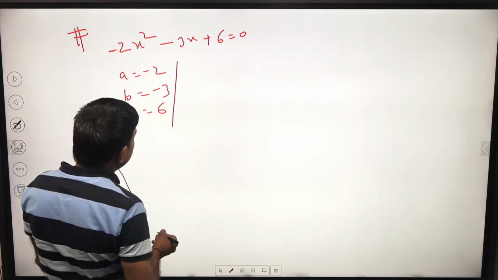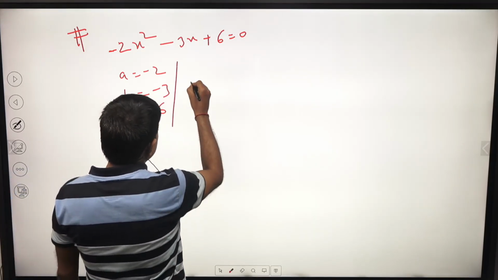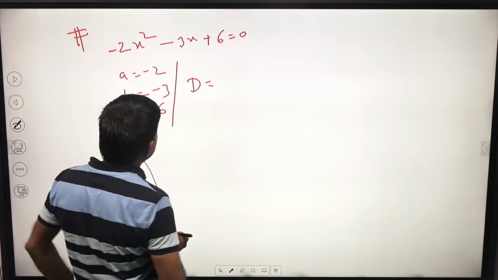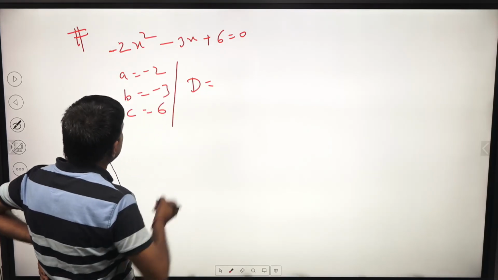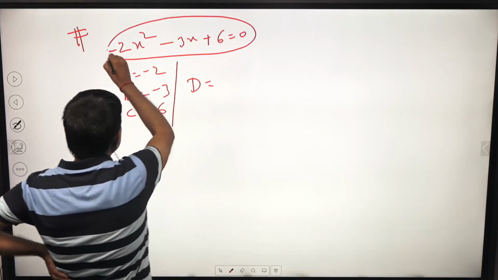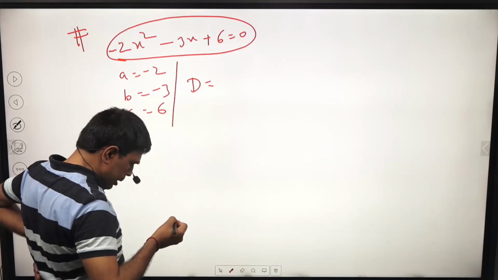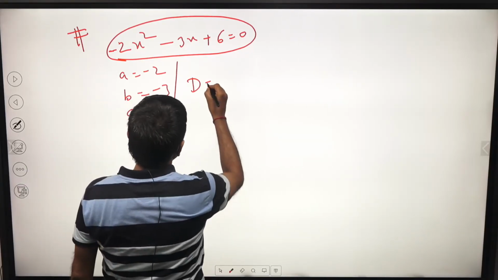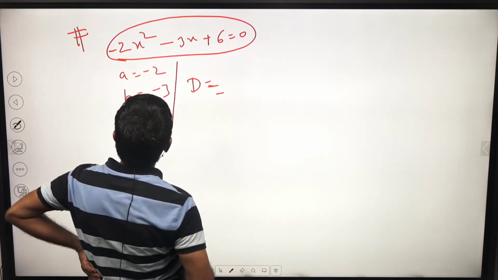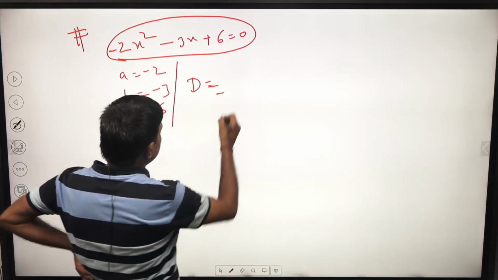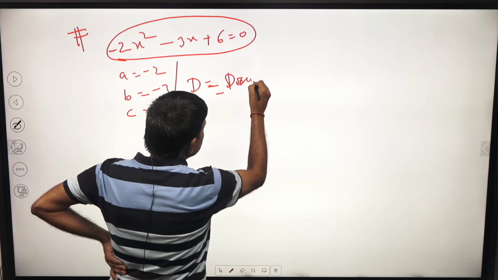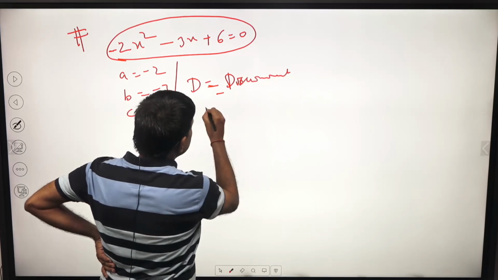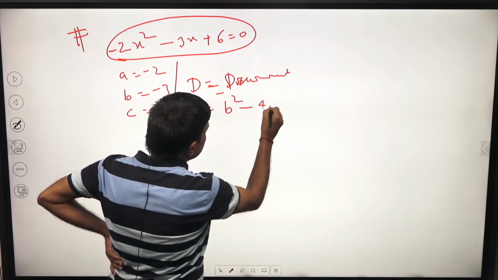So what is the character of the discriminant of this? Character means nature of this quadratic equation. Does this intersect the x-axis or not? First of all find the discriminant. Discriminant means b square minus 4ac.